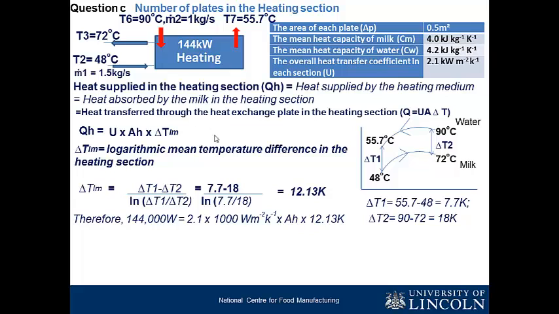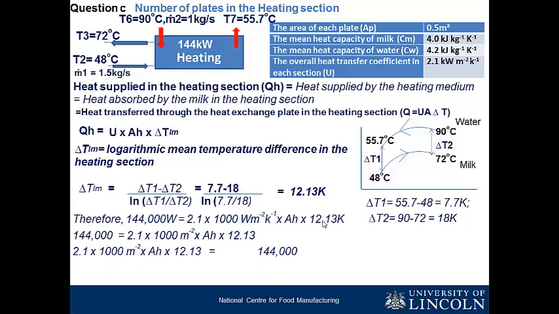So we know that our 144,000 will equal the overall heat transfer coefficient we've been told, which is 2.1 times 1000 watts per meter squared per Kelvin, times our area for the heating section, times the temperature difference, which is 12.13.